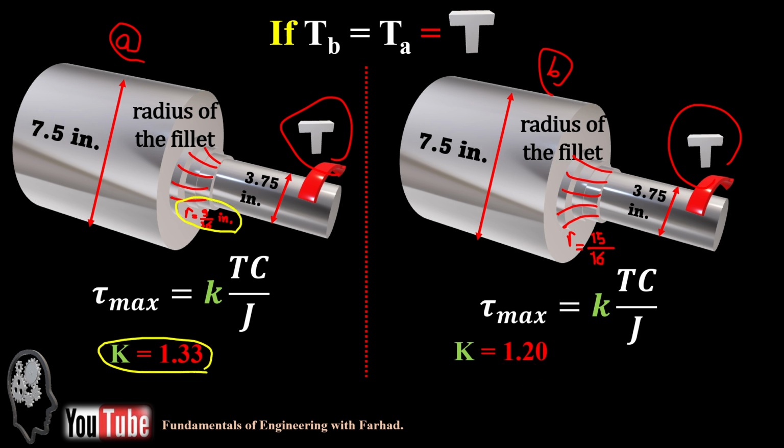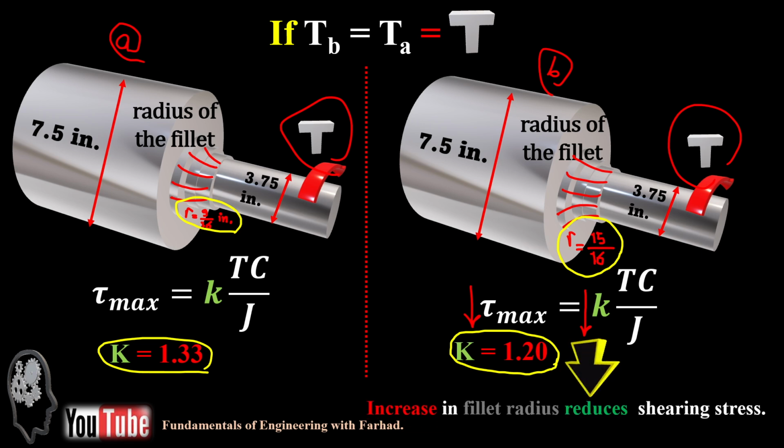And in the shear stress formula, as soon as K is reduced, an increase in the fillet radius reduces the shearing stress. So if the torsion remains the same, by increasing the radius, we have a reduced shearing stress in our case.